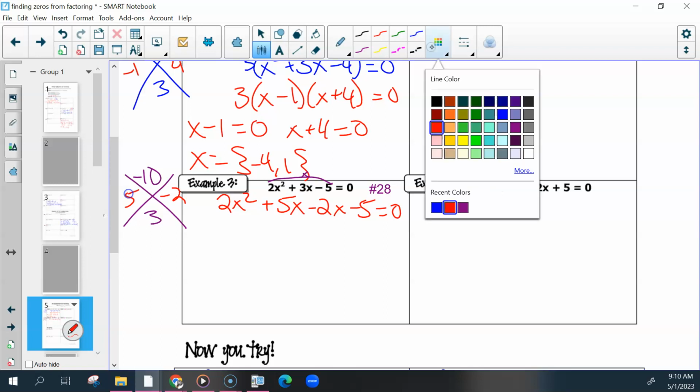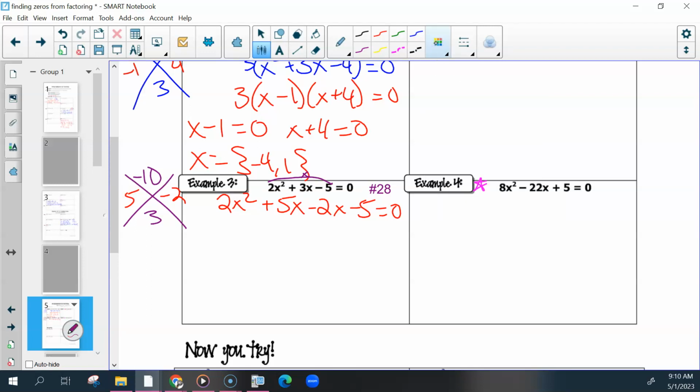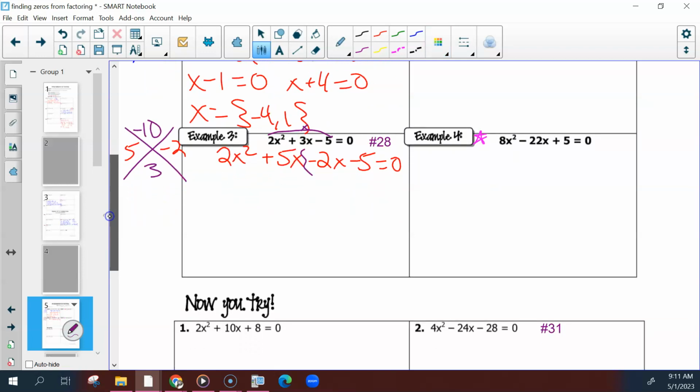What's our next step from here? Split it down the middle. And what do we do after we split it down the middle?